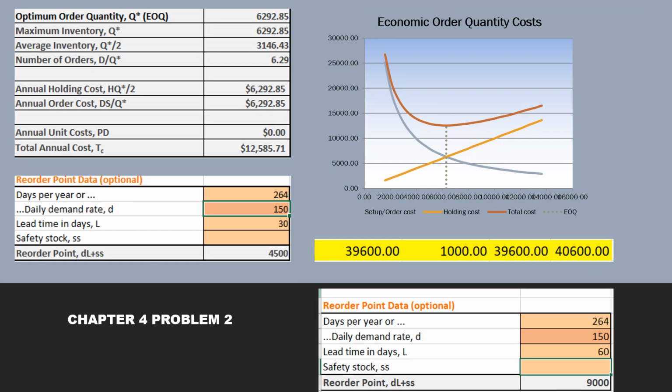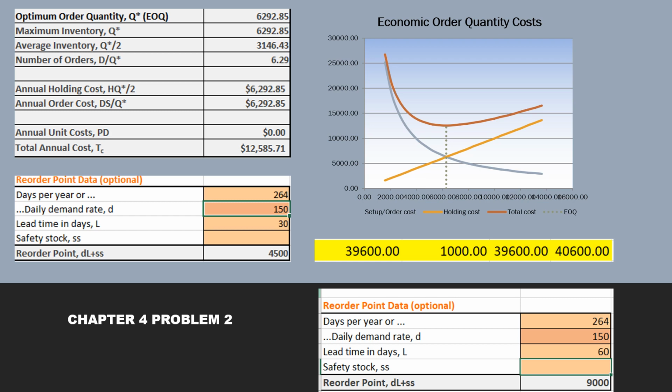For problem 2, the givens are: demand is 39,600, the order cost is 1,000, holding cost is 2 pesos, the lead time is 30 days, and we have working days of 264 days. Let's solve for the EOQ. Our EOQ is 6,293 units.